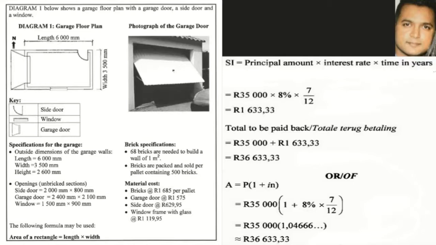It's important that you know that the formula they've given you is in terms of simple interest. It's only the interest amount, right? But you need to know what is the total amount you will have to pay. So you take your principal amount, which is 35,000, plus the interest amount that he'll earn over that period of 7 months, and altogether you will pay 36,633,33.